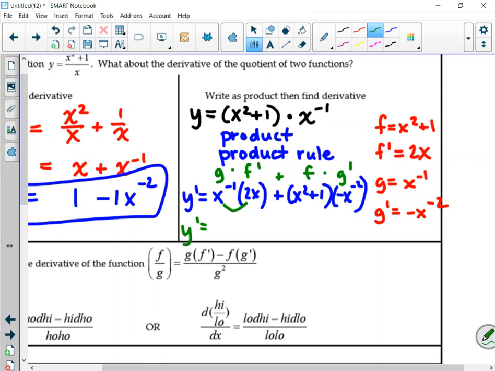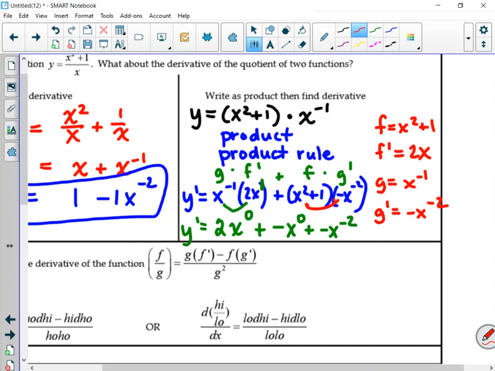Now I am just going algebra, straight algebra, technically algebra 1, multiplying using negative exponents. You do more of it in algebra 2. So this would be 2x to the 0, because when I multiply with the same base, I add the exponents, plus negative x to the 0, plus negative x to the negative 2.